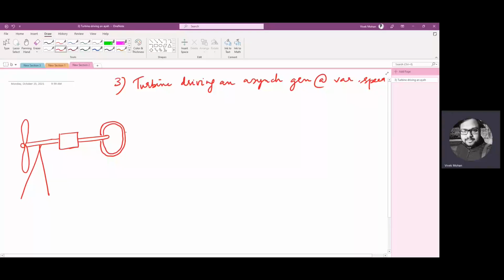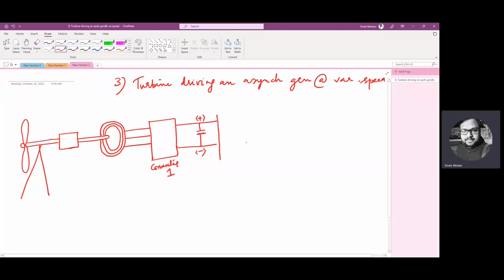This is the machine. To show the three-phase winding, I am drawing three concentric circles and the three-phase supply. This is going to a converter, converter 1. Then I have something like this.